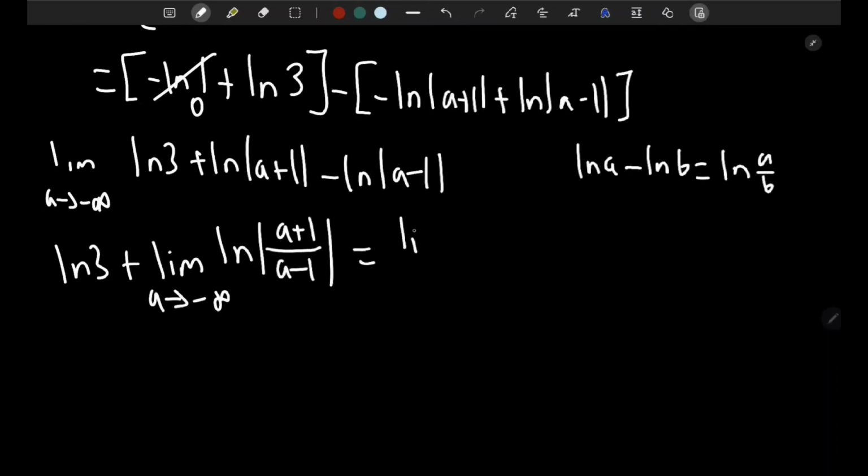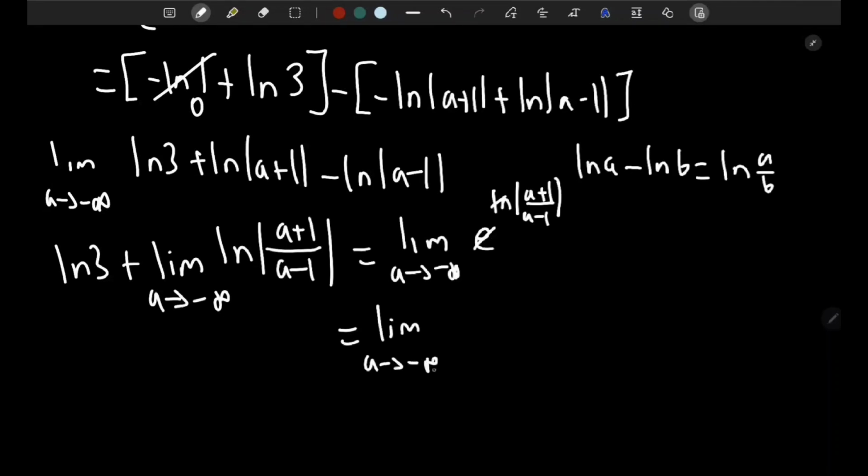So it is going to be the limit as a is approaching negative infinity of e to the power of ln of a plus 1 over a minus 1, and now e and ln will cancel out. So all we're left with is the limit as a is approaching negative infinity of a plus 1 over a minus 1.